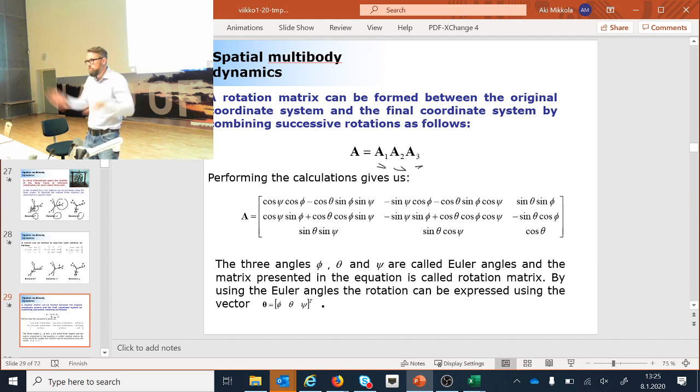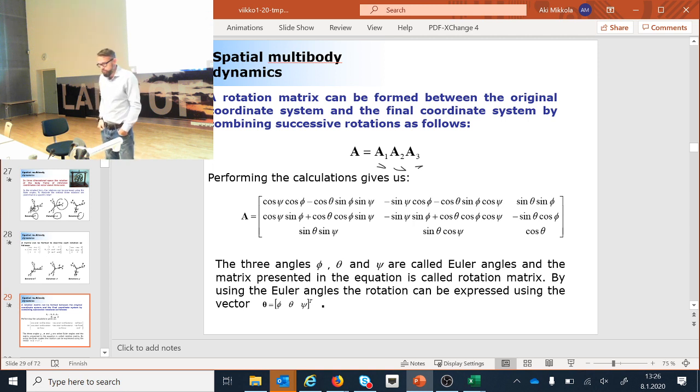Well, those are these three rotations that we just described. Three rotations that are phi, theta, and psi. These are the three rotations that combine original and final configuration. Okay, that's the method.